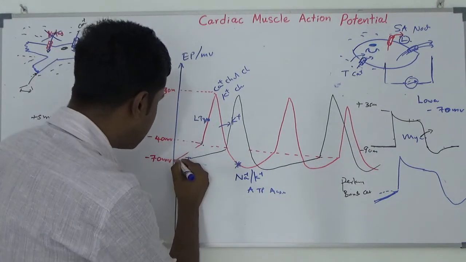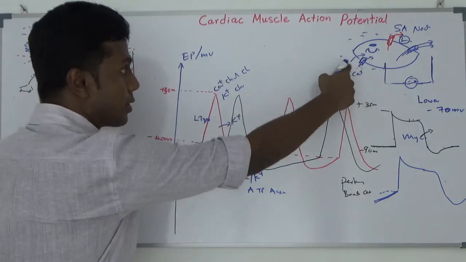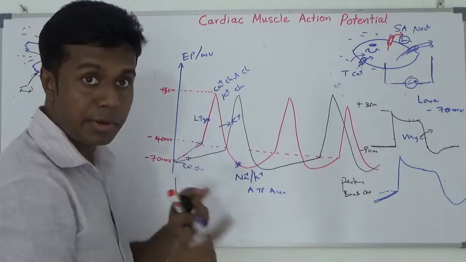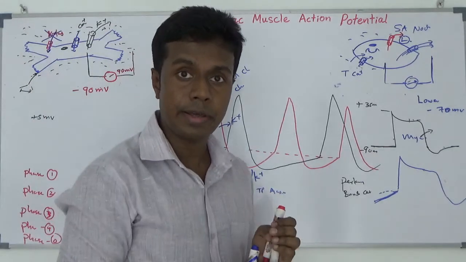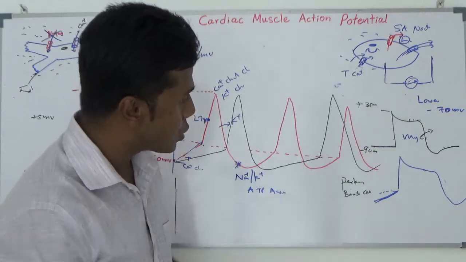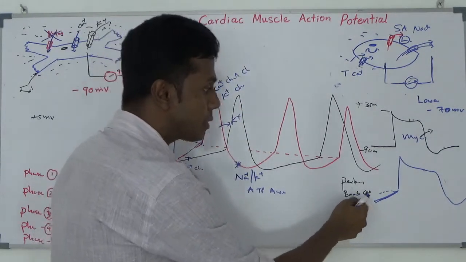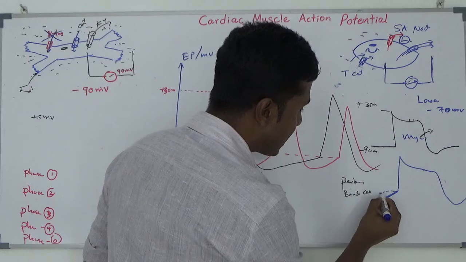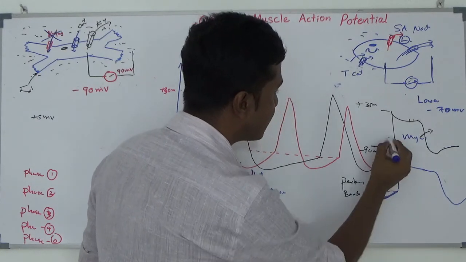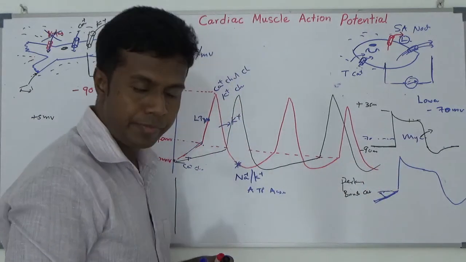But the SA nodal cell is not like that. From time to time it receives calcium through the transient calcium channel, so the resting membrane potential is not kept at rest. Your Purkinje cells also can't be in a resting state. From time to time, calcium comes into the cell, so the negativity gradually reduces. Once it comes to the threshold, as in the myocardial cells, it is going to fire.